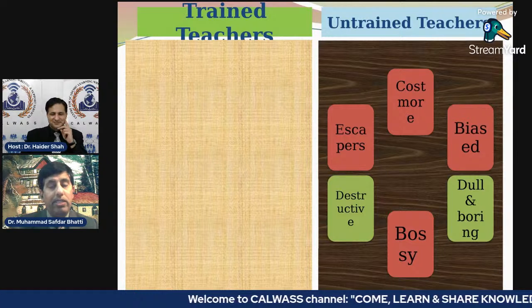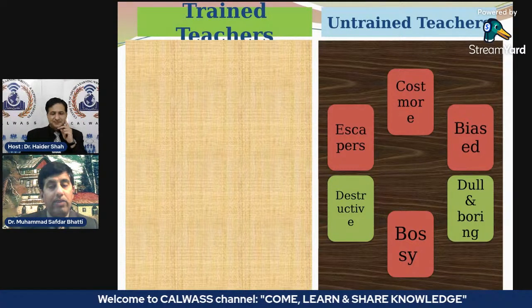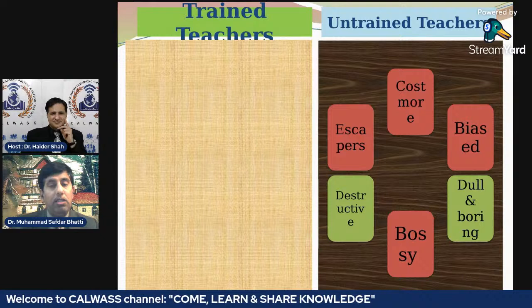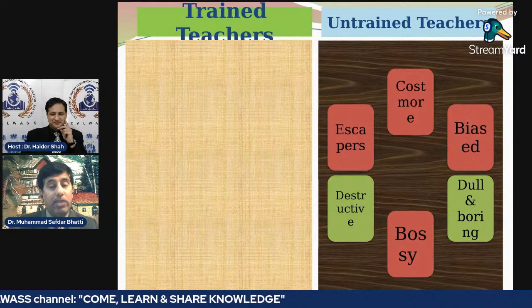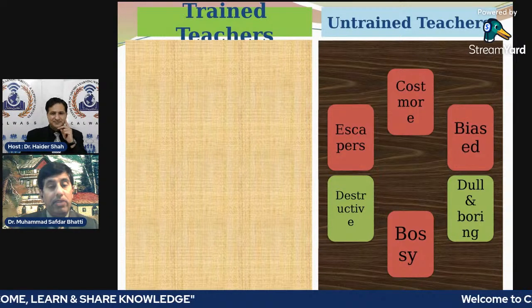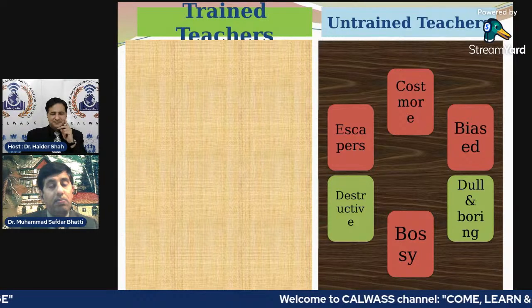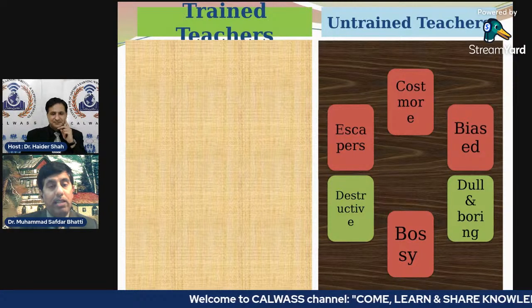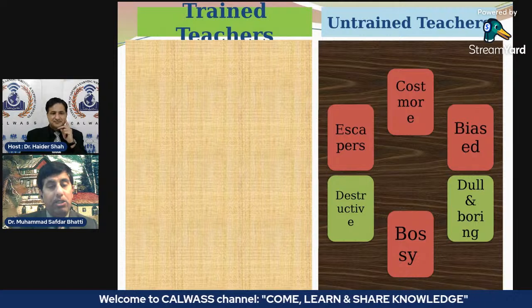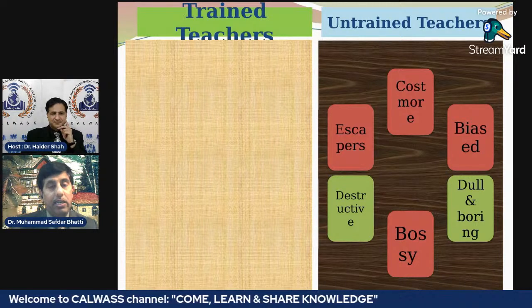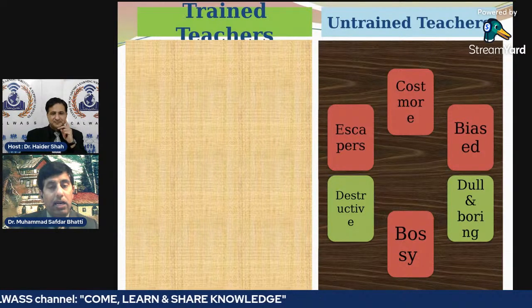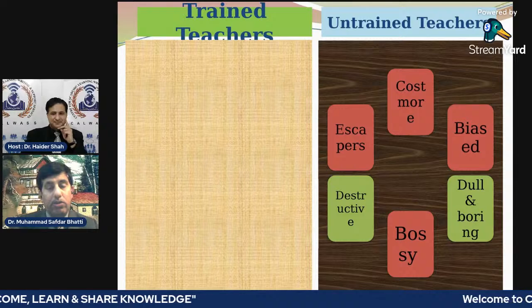The trained teachers are very friendly, while the untrained are bossy. The trained teachers are constructive, while the untrained are destructive. The trained teachers put their students at ease at the very outset, and they show personal interest in their learning and teaching, while the untrained teachers' students are skippers.